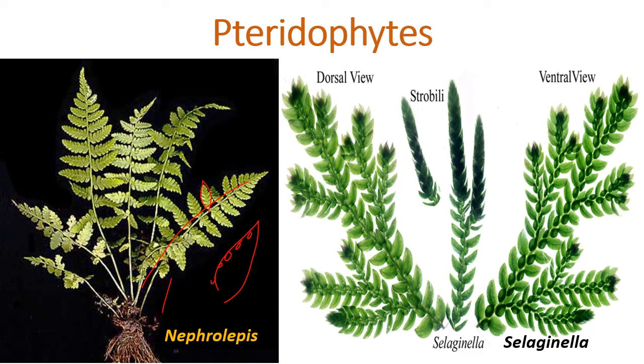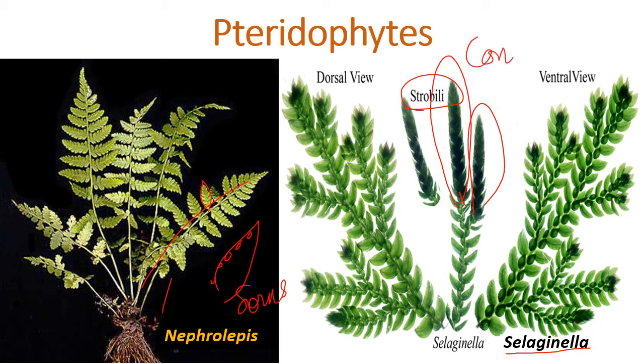Another example here you can see, that is Selaginella, where there is a presence of a cone. So in the first figure, there was a synangium. Here is the structure that is called a sorus, and here is the structure that is called a strobilus, or you can call that a cone.